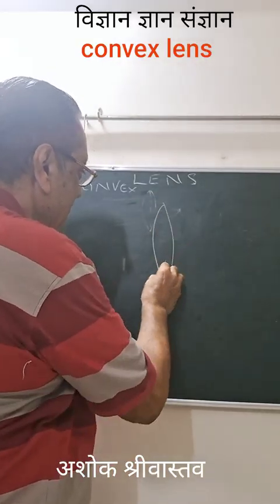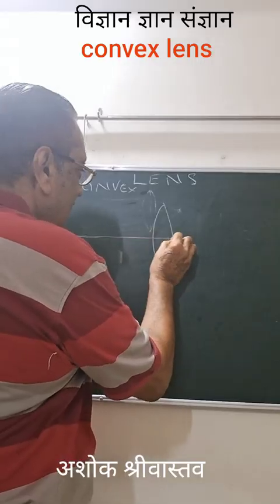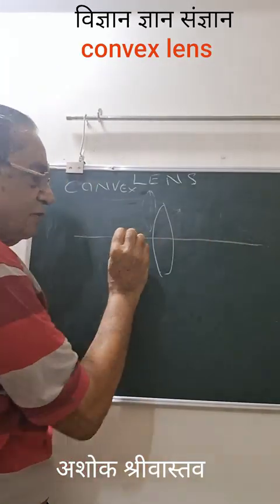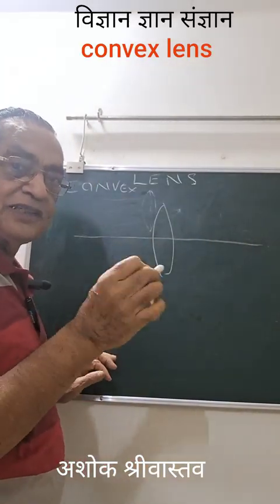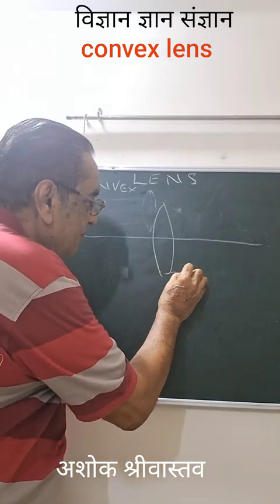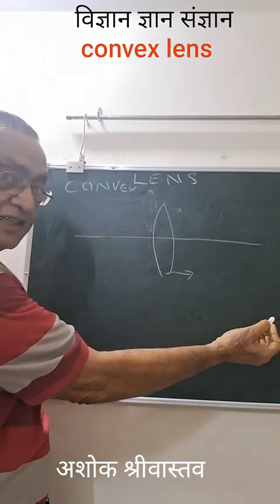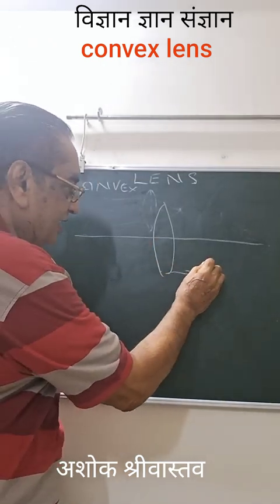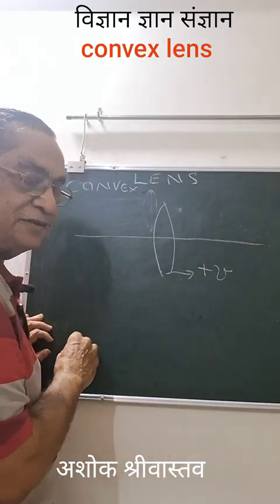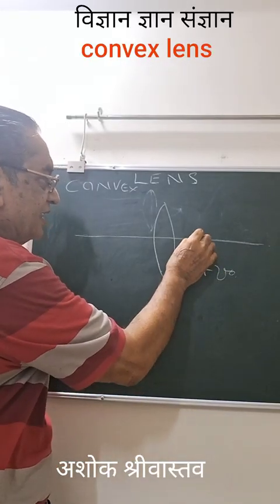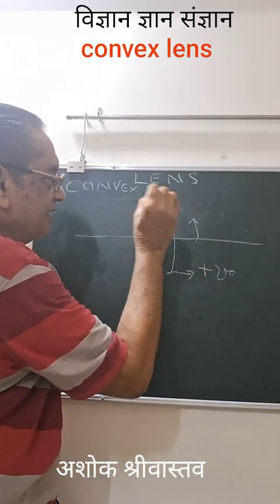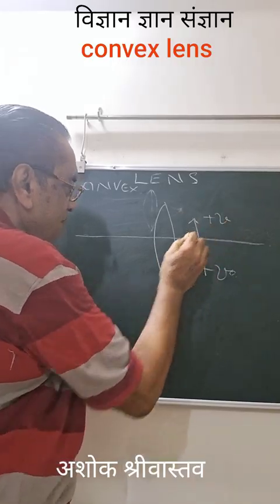There is a lens and this is the principal axis. Now one more thing is about positive and negative. Anything on this side, the transmitted side, is called positive. Anything above this line is called positive.